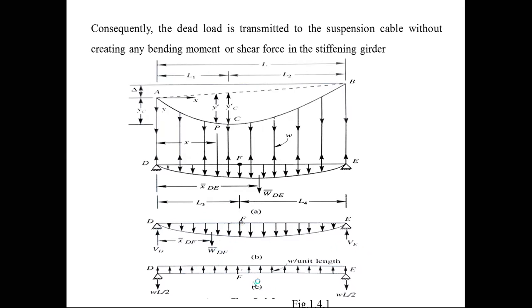But what is that figure seen in figure B? And what is figure C? If the dead load of the girder is transferred to the cable by uniform distributed load, then the cable transfers it to the girder in the upward direction.